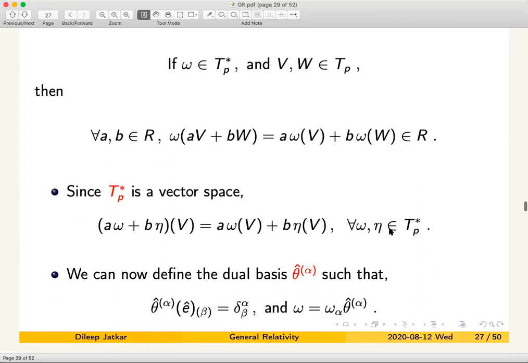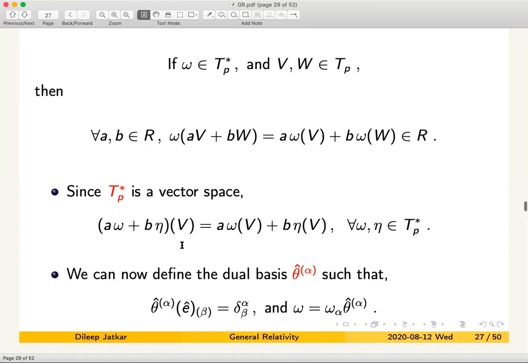Fine. The way we define E hat for TP, we need to define similarly a dual basis for T star P, and we will call that theta hat. Notice that unlike E hat, which has subscript indices, theta hat has superscript indices. That is simply because the components of the vectors belonging to T star P have indices downstairs, subscripts instead of superscripts.